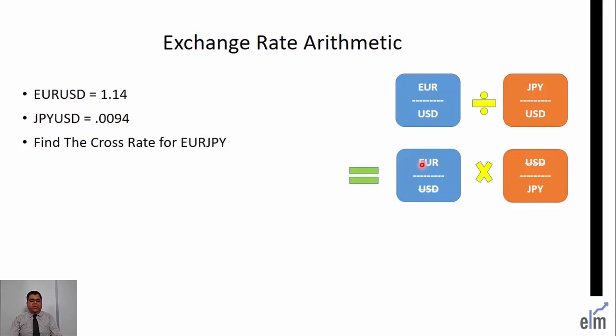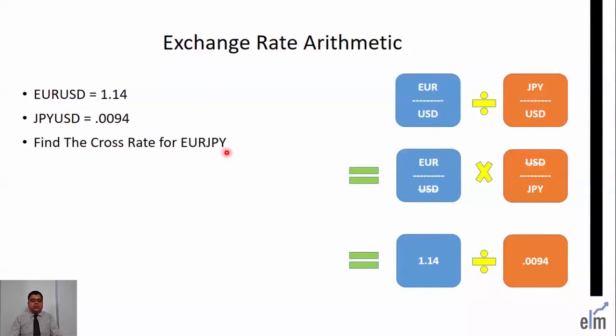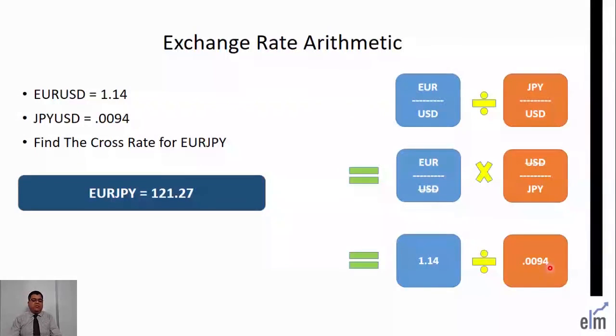And what we are left with is Euro JPY, which is what we want to find over here. So let me put in the values. It comes to 1.14 divided by 0.0094, and the rate for Euro JPY will come to 121.27. So 121.27 Japanese yen are required to buy 1 euro.